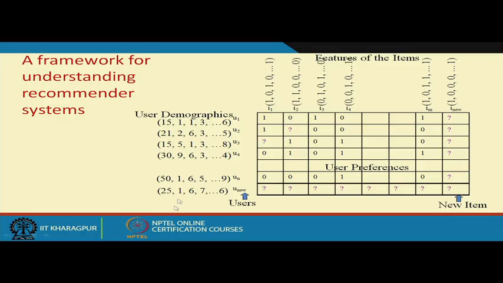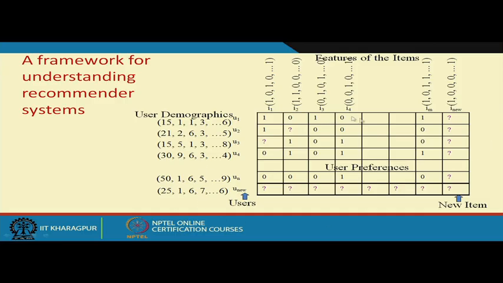So, it is up to the user how he defines the feature vector of each item and the feature of each user. But irrespective of the data source and how it is done, some of which we will look at in the next few lectures, three things are here. One is user preference, another is user detail, or user demographics, and another is the feature of the item.